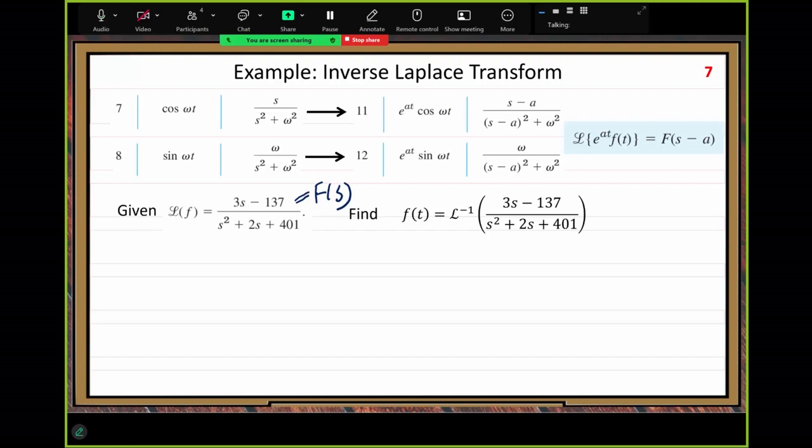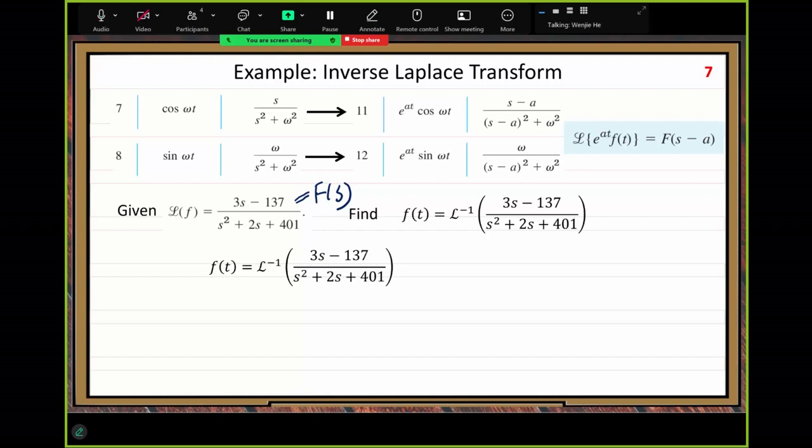So first, we need to do some decomposition. We need to make the structure of that fraction more friendly, containing that shifting structure, shifting format. So let's do that part first.